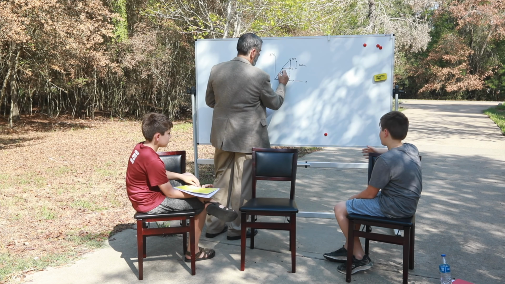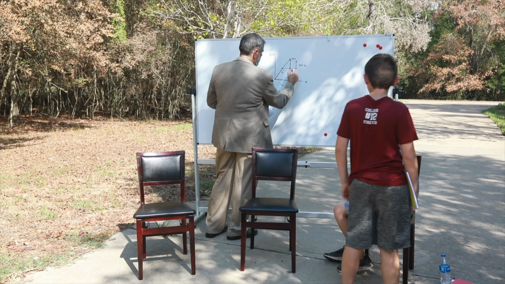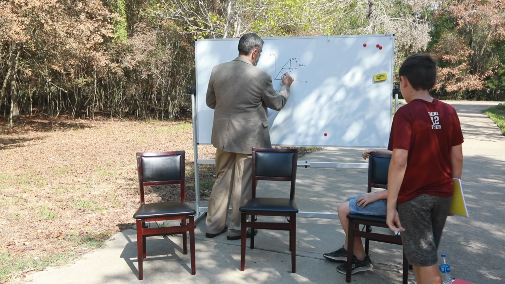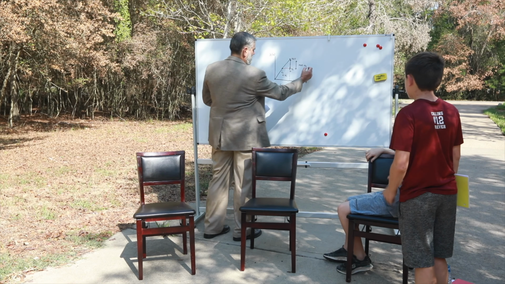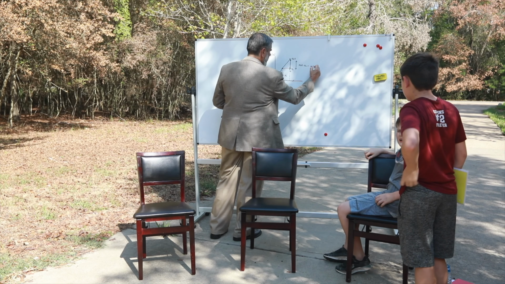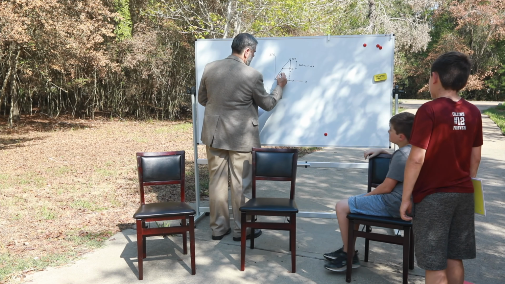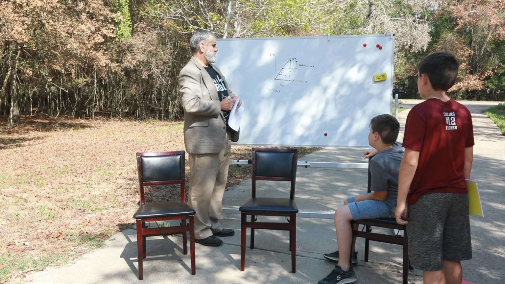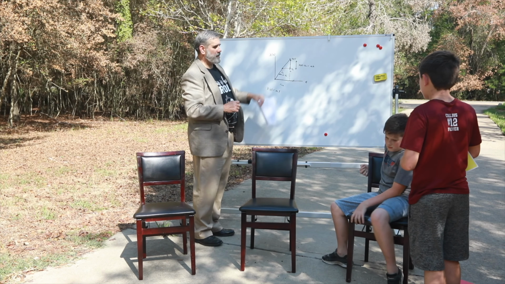Here we'll call this t naught, and this point here t. So this distance is t minus t naught. This we call delta x, the change in x. This we call delta t, the change in t. And the slope is delta x divided by delta t. What's that?